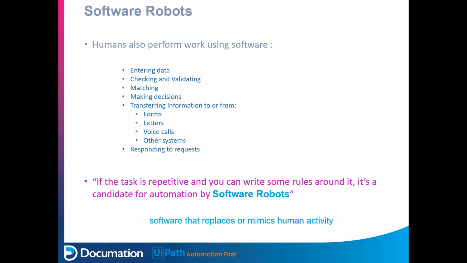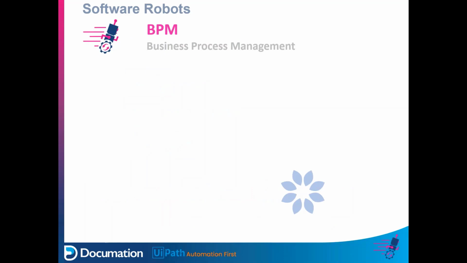And the distinction between replacing or mimicking is key to our discussion about the difference between BPM and RPA software robots. So let's start by defining what we mean by BPM, certainly in the context of accounts payable automation. BPM is short for business process management, and it's what most AP automation is based on today.